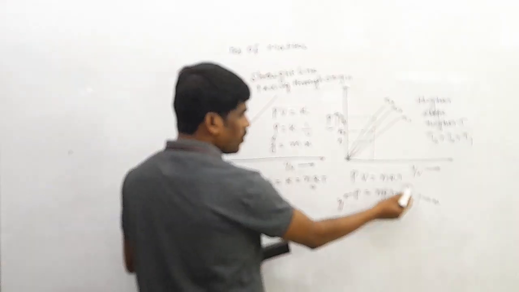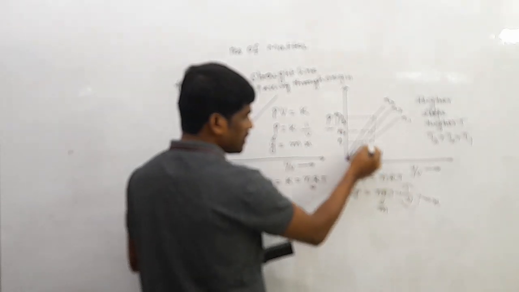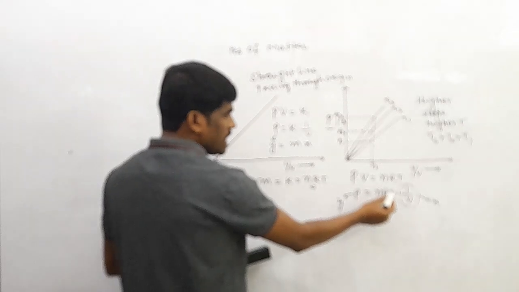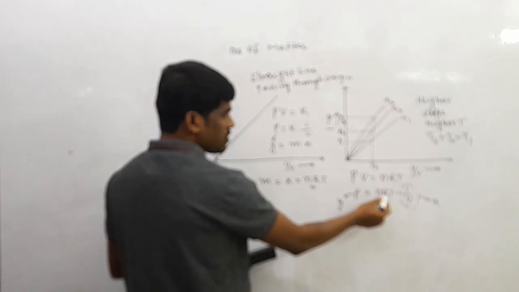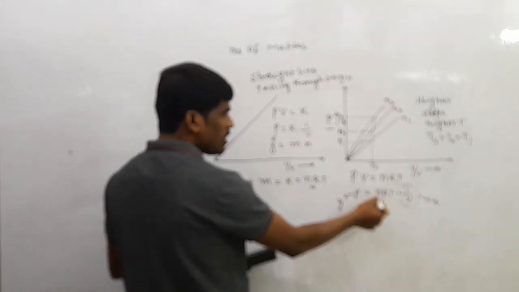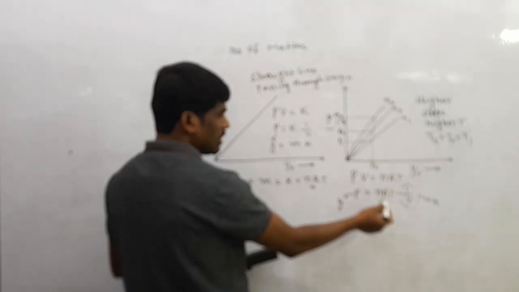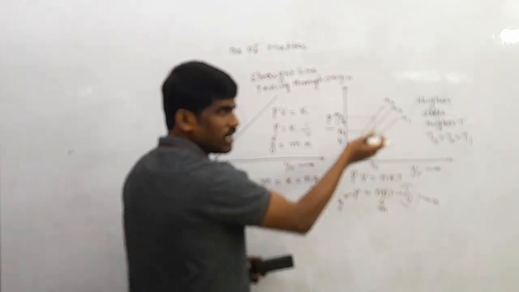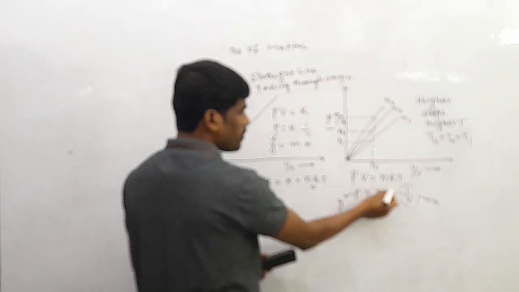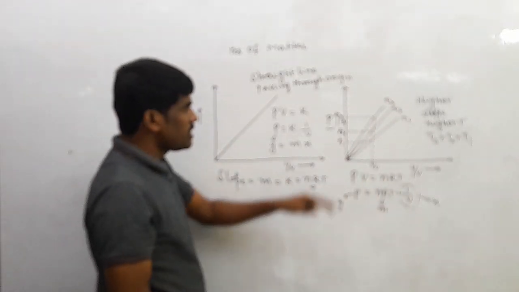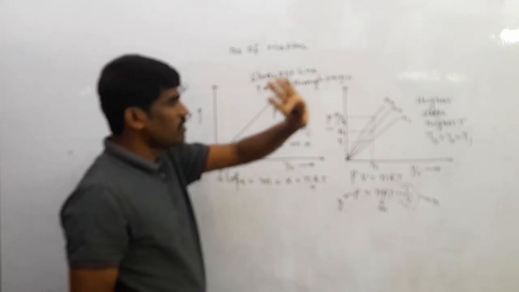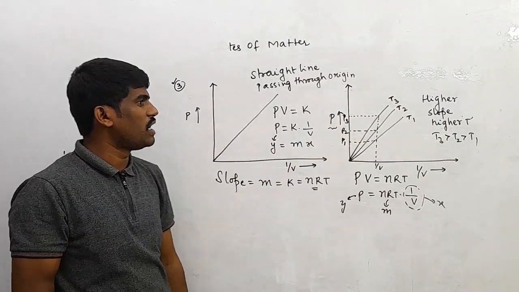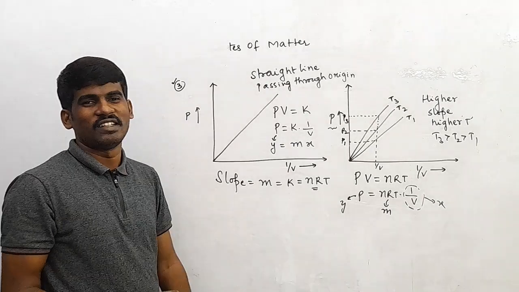I mean to say 1 by V is kept constant for the three different graphs. R is constant. So pressure is proportional to T, since we are taking different temperatures. Whichever has the highest pressure will be the highest temperature. That means P3 is the highest pressure, so T3 will be the higher value. Like that also we can explain the graph.